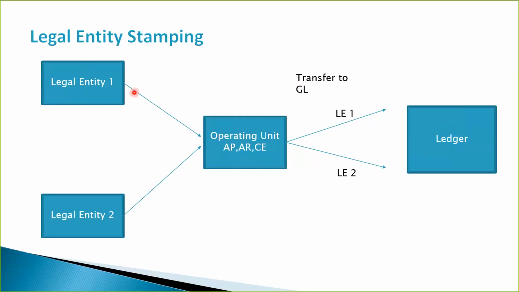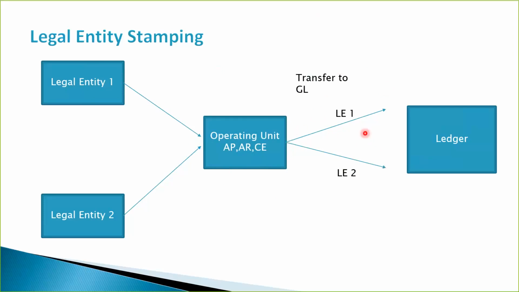So in a scenario such as this, whereby legal entities share the same operating unit, legal entity stamping will indicate the owner of the financial transactions when they are being transferred to the general ledger.